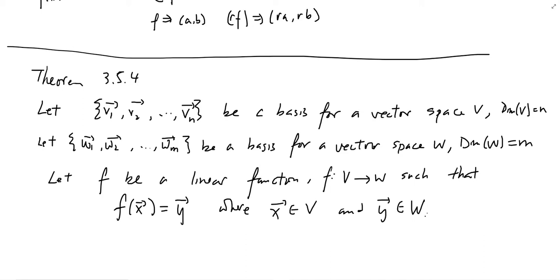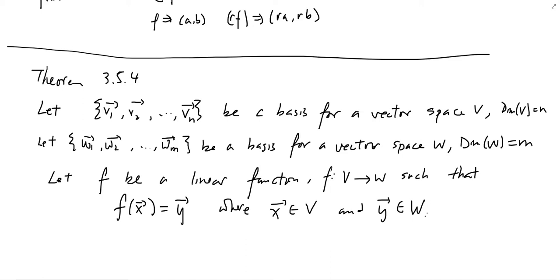But if we have a basis for the vector space, then like what we've been talking about for the past couple sections in chapter 3, I can actually define a vector in that vector space by using a coordinate vector in Rn. And therefore that allows me to redefine a function that works between vector spaces that are not Rn into a corresponding function that works with the coordinate vectors of vectors in those vector spaces.